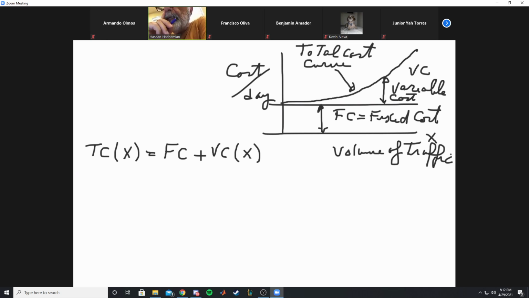Now, there's another cost that we have to be aware of, which we use a lot in transportation, called average cost.